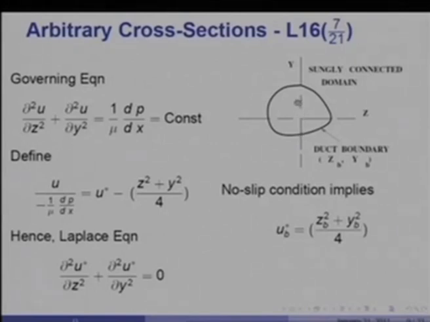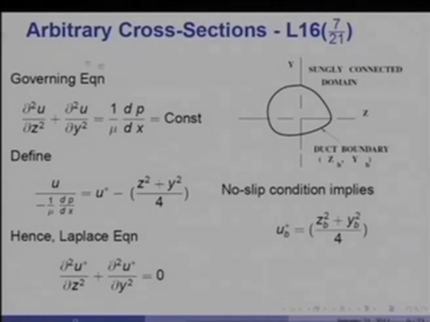In other words, if I had, for example, a circular rod inside, a solid rod inside, that would not apply for this method. It has to be a singly connected domain whose boundary coordinates are known, z_b, y_b. The governing equation would be d2u/dz² plus d2u/dy² equal to (1/mu) dp/dx equal to a constant.